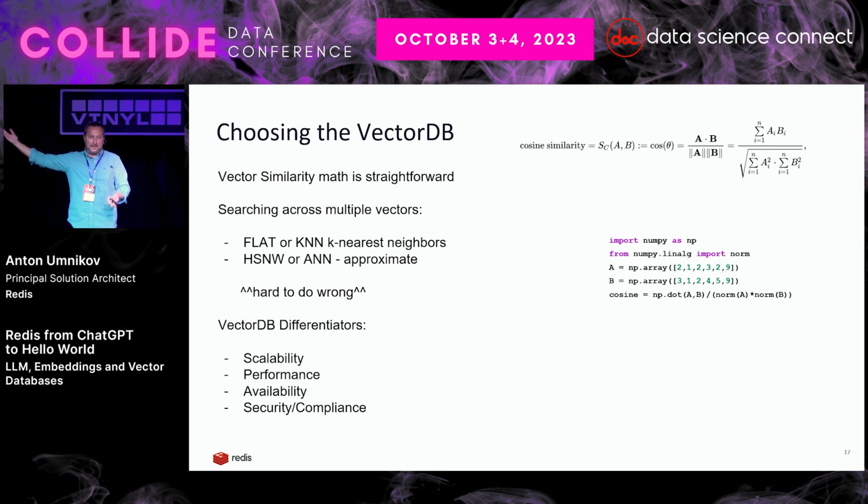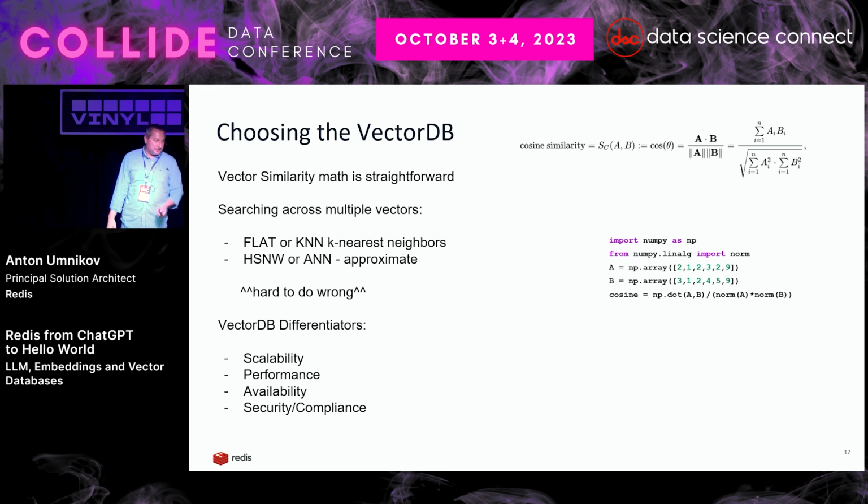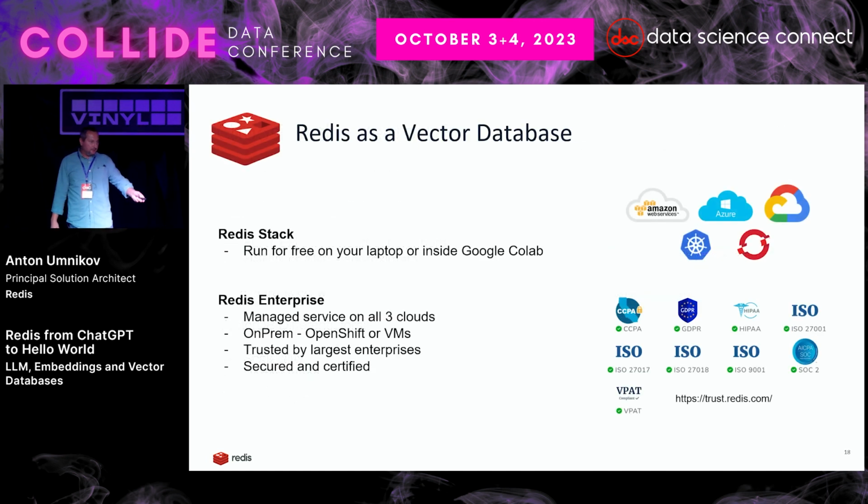For a big bank, it might take up to a year to get a master service agreement, vendor agreement, all the security clearance, and so on. So think of the database part of the vector database. And here, this is just a list of all the security credentials and certificates that Redis has as a database.